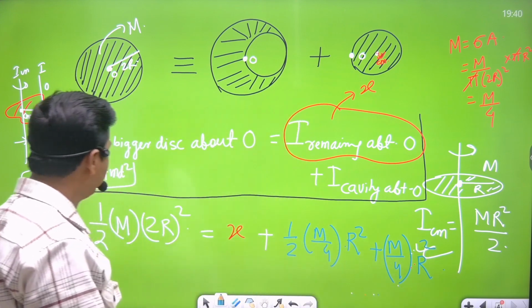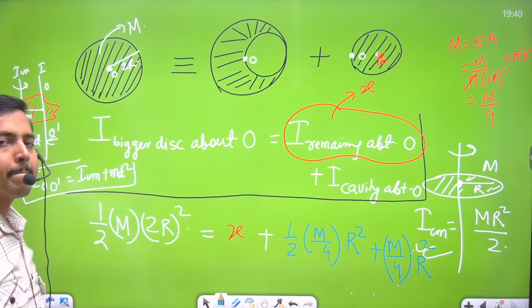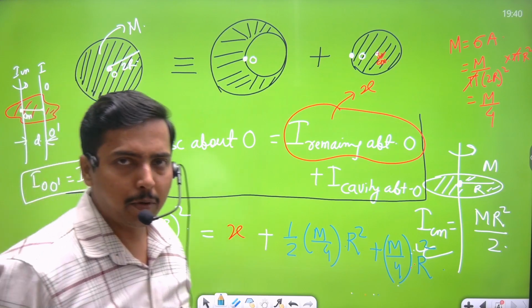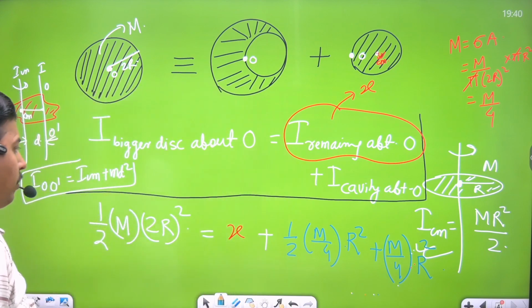Okay, isn't it? This is the golden approach. This is the actual approach you will have to follow in every question while solving a cavity problem.